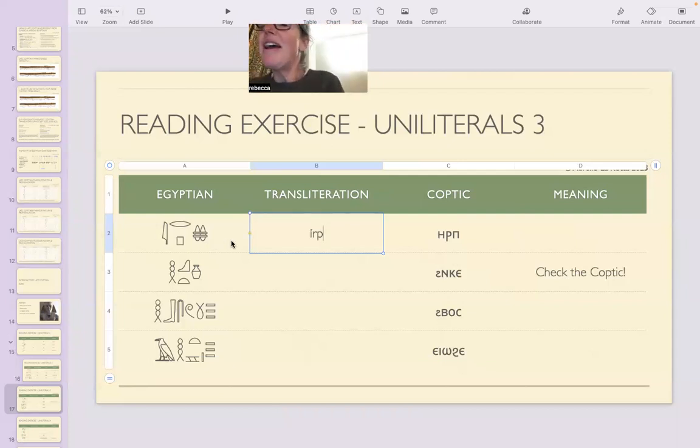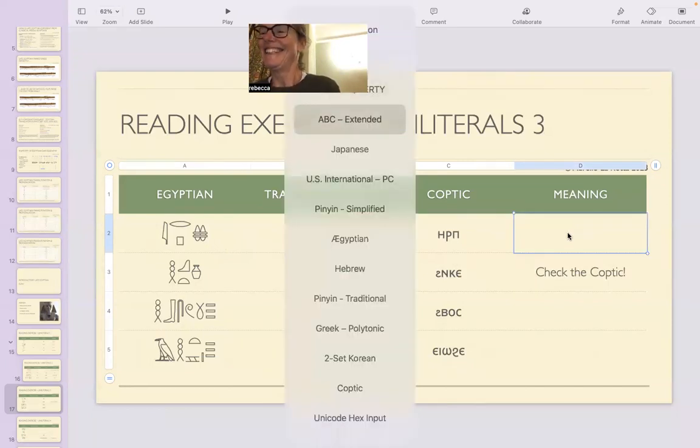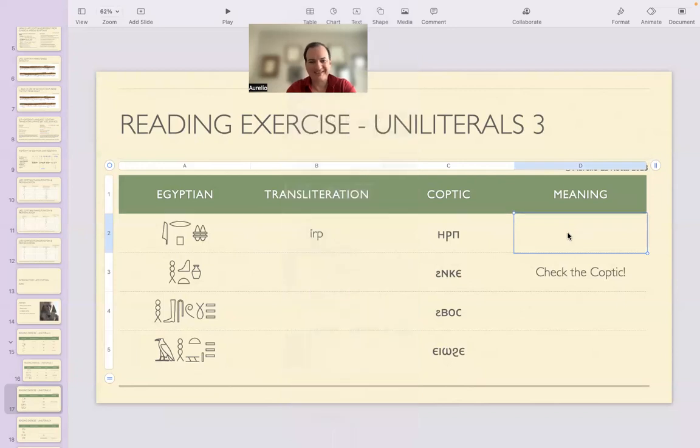Now, IRP. I ought to know this, as Rasmus will tell you, because I'm learning Coptic alongside him, except that I don't know it. Give me a clue, Rasmus. It's a beverage. Oh, it's a drink, wine. That's right.